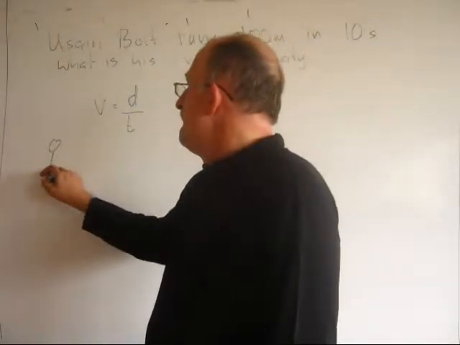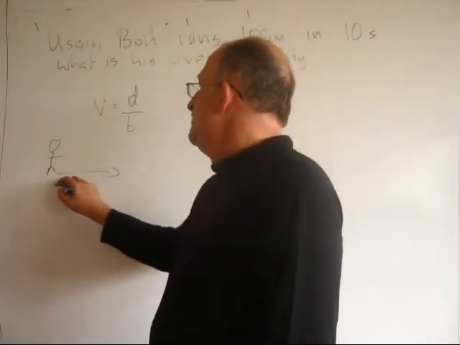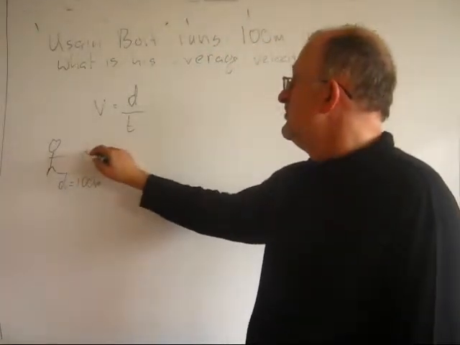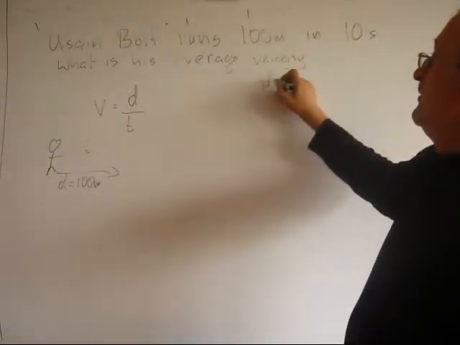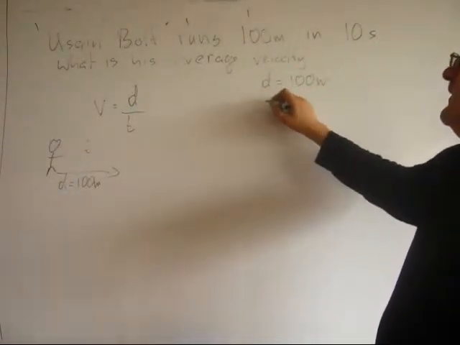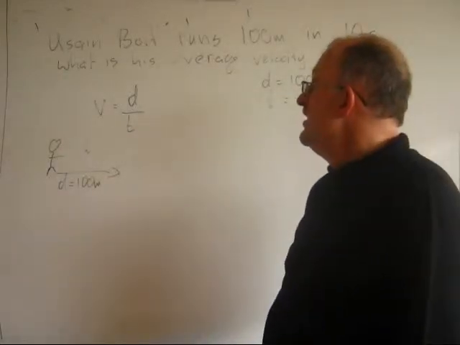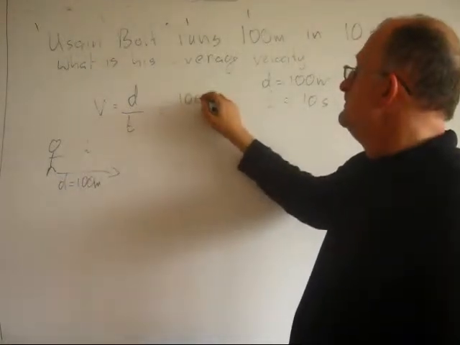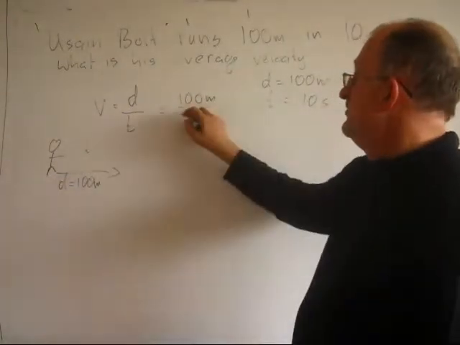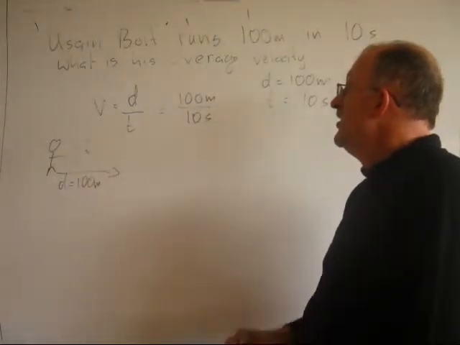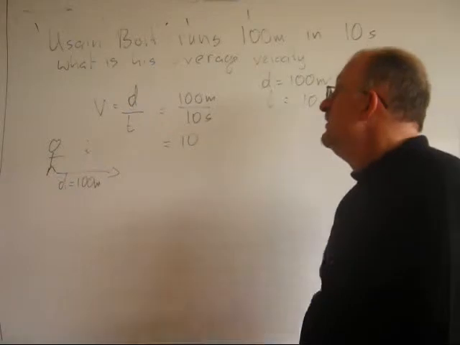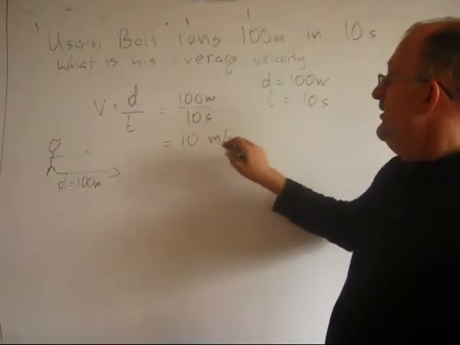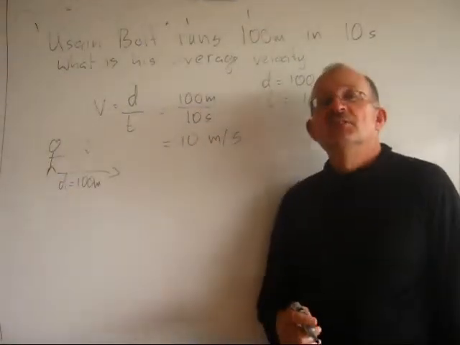Draw a picture, running. Write down what we know: d equals 100 metres, t equals 10 seconds. v is going to equal distance, 100 metres, divided by the time, 10 seconds. So 100 divided by 10, and the unit is going to be metres divided by seconds. So 10 metres per second.